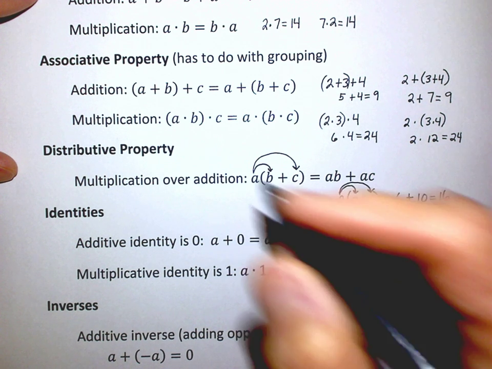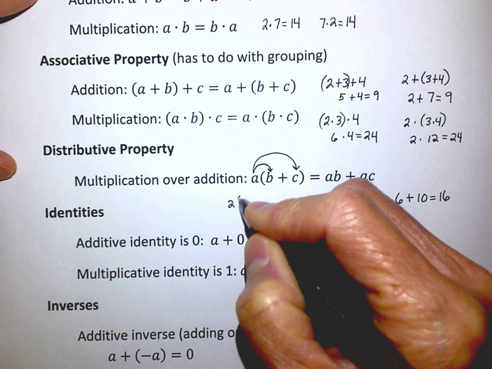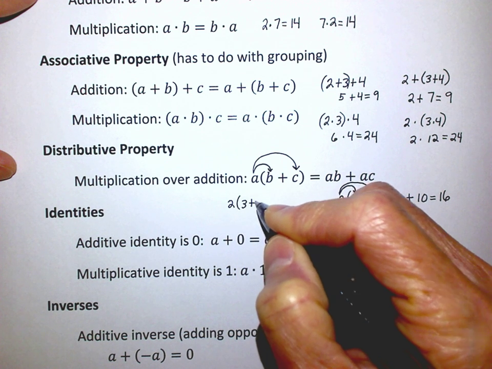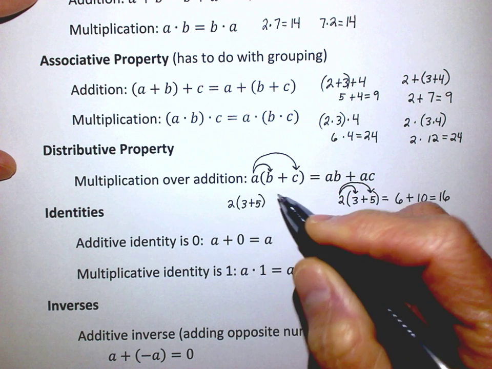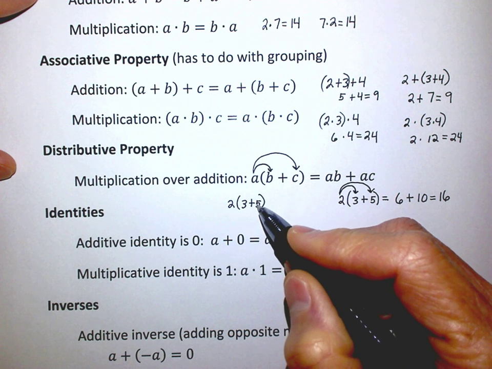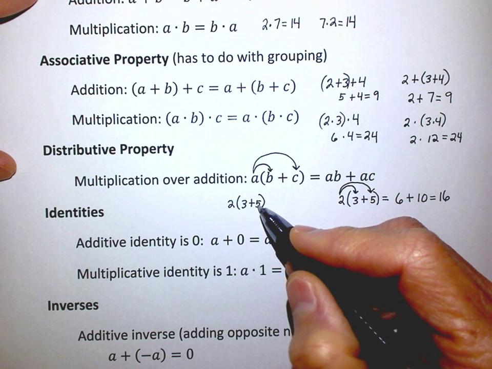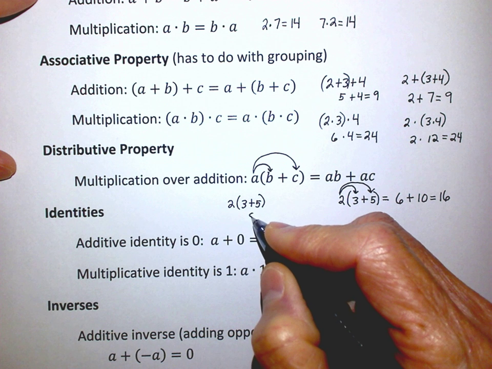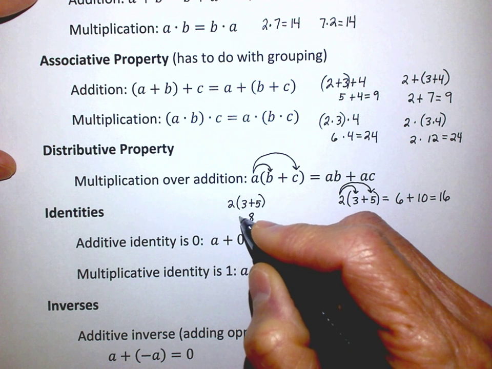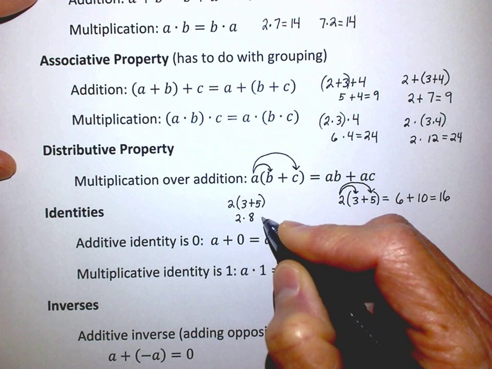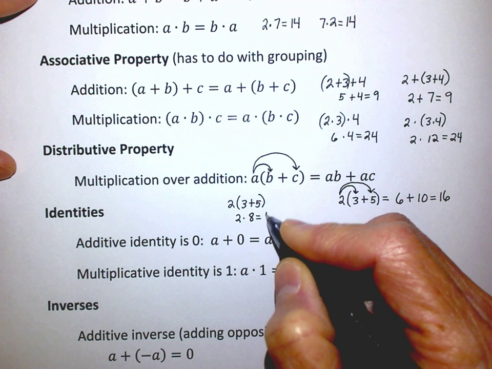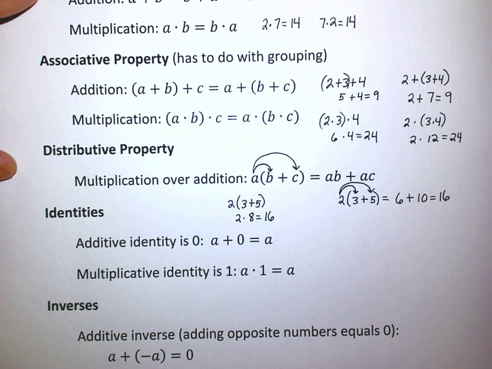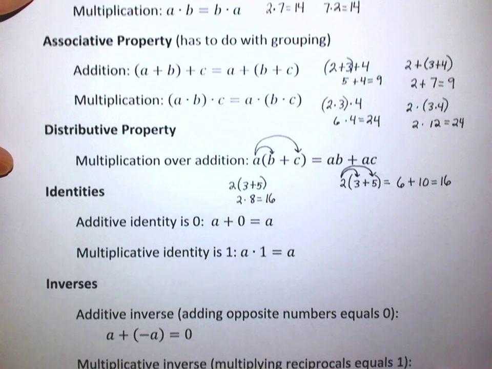Now if we did it the other way, 2 times (3 plus 5), and we went ahead and added what was inside the parentheses first, which would give me 8, and then multiply 2 times 8, we would get 16. So that's the distributive property.